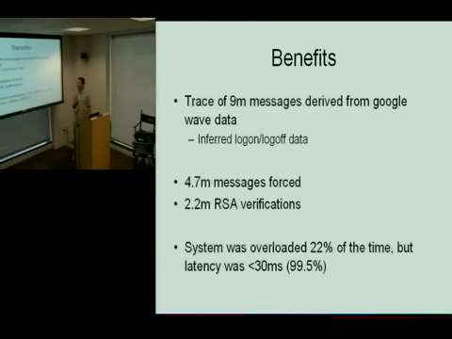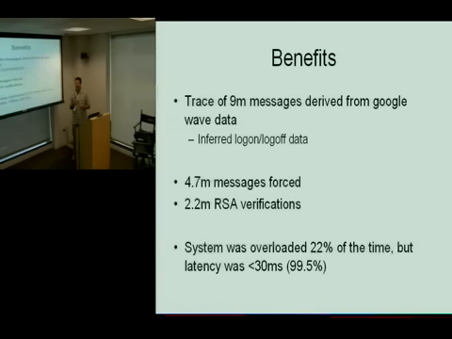In this scenario, roughly half the messages were forced, meaning I had to have them verified immediately. The other half I was able to delay verification. However, I performed fewer RSA verifications. This is because many times our system was overloaded faster than I could do RSA verifications.